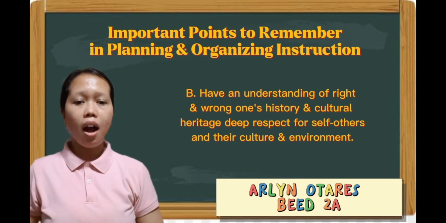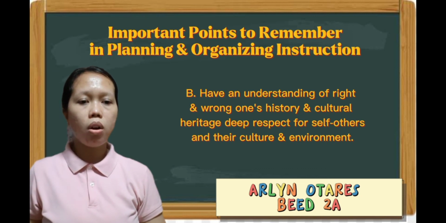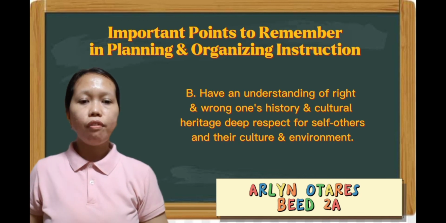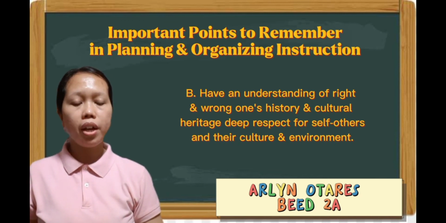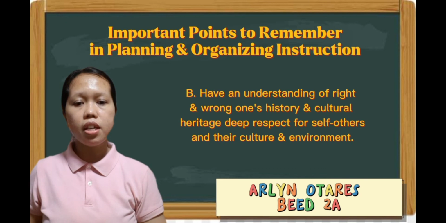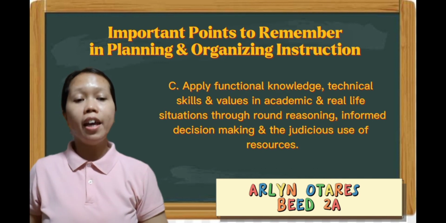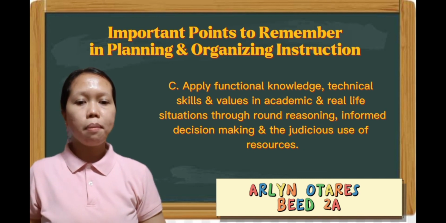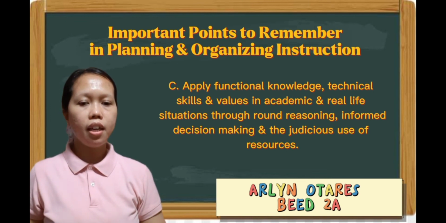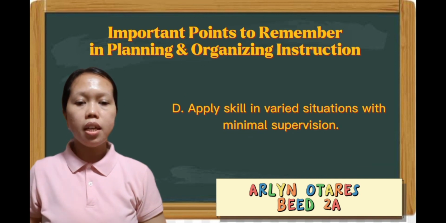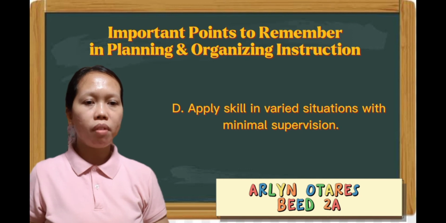Letter B, an understanding of right and wrong, one's history and cultural heritage, deep respect for self, others, and their culture and environment. Letter C, apply functional knowledge, technical skills, and values in academic and real-life situations through sound reasoning, informed decision-making, and the judicious use of resources. And letter D, apply skills in varied situations with minimal supervision.